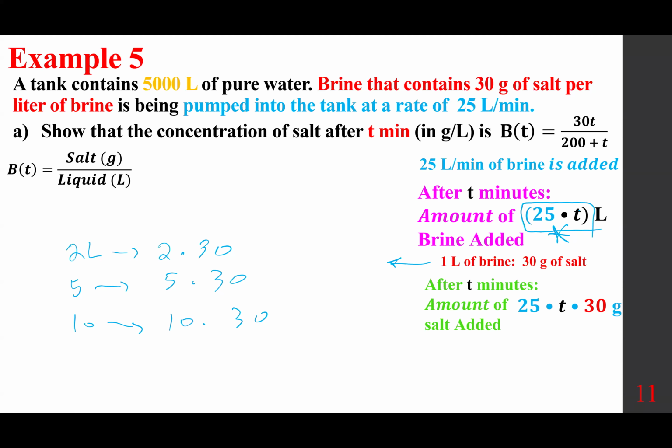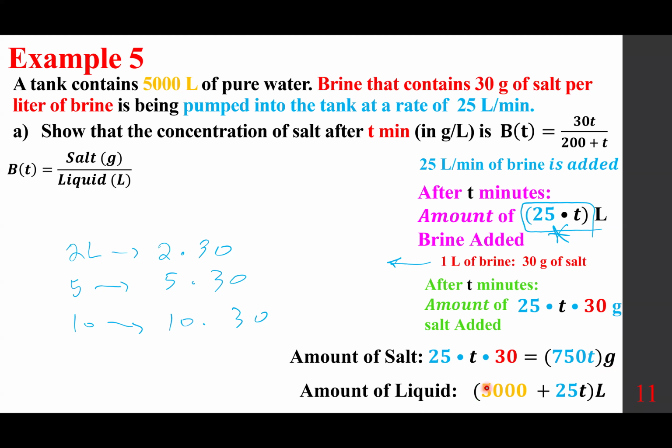That's the amount of salt, 25 times t times 30, which is 750t grams. The amount of liquid is what we had and what we are adding, 25t. So for the numerator, the amount of salt, 750t, and for the denominator, we're going to put 5,000 plus 25t.